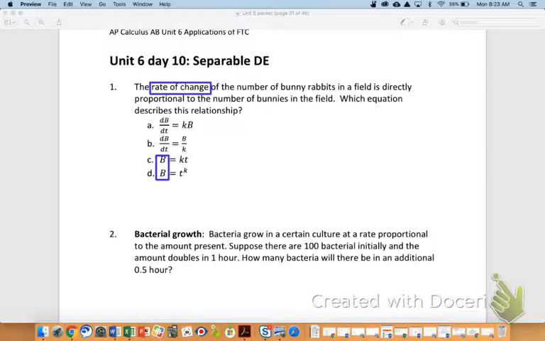So the key to differentiating between A and B is probably this word right here. The rate of change is directly proportional to the number of bunnies in the field. Directly proportional means as one quantity goes up, the other quantity goes up.